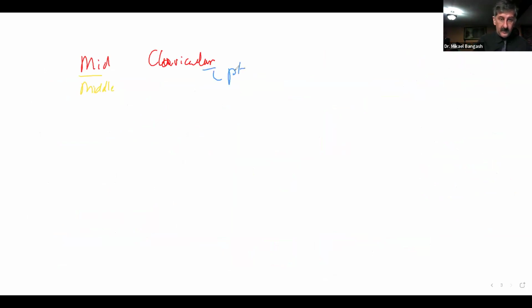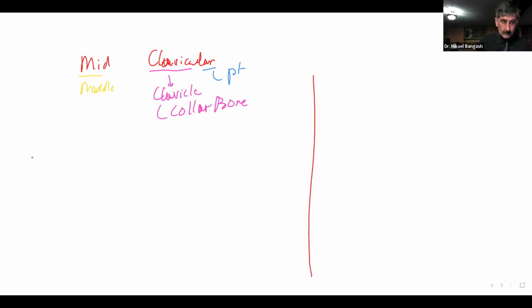AR here is pertaining to clavicle, from the word clavicle, which means your collarbone. So the reason that we call this sagittal line the midclavicular line is because it's a line at the mid of your clavicle.